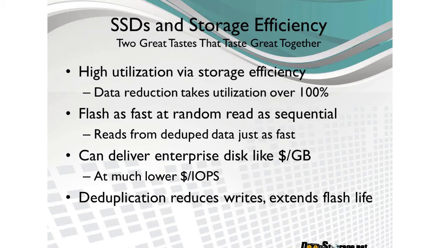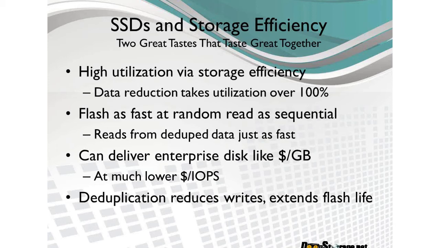Because flash is just as fast at random I/O as it is at sequential I/O, the drawback of deduplication, that it turns sequential I/O into random I/O, has no performance impact on an all-flash system.